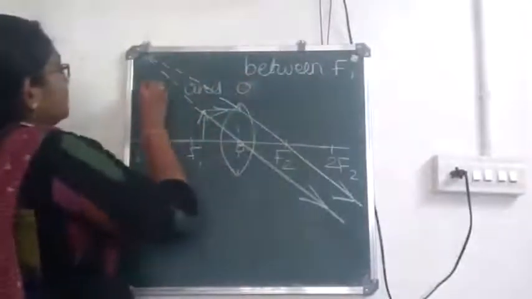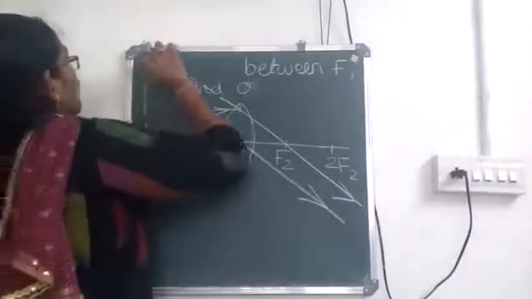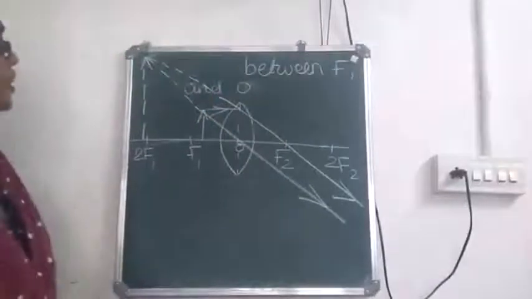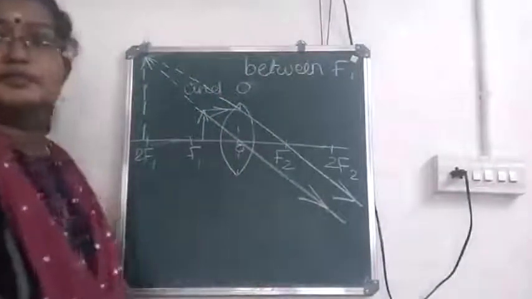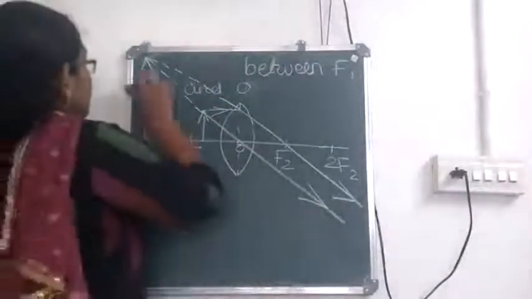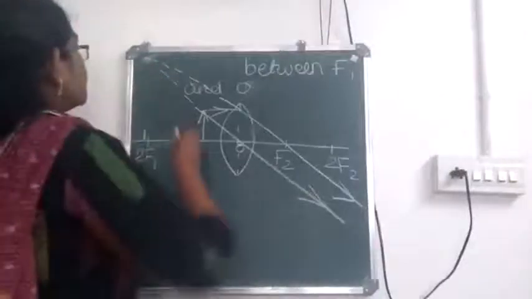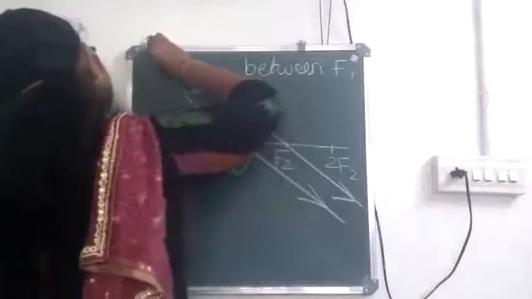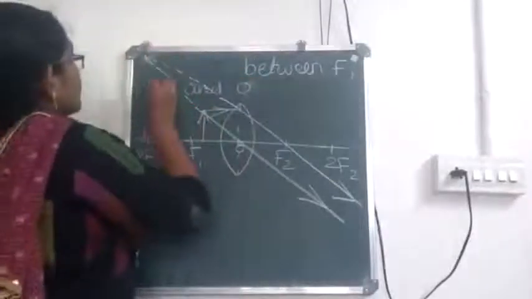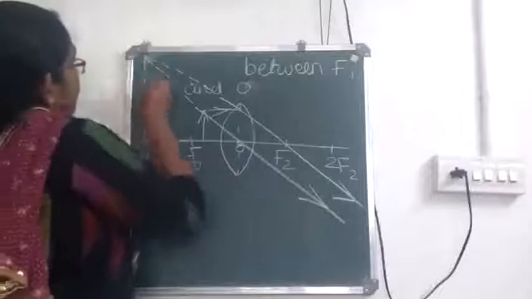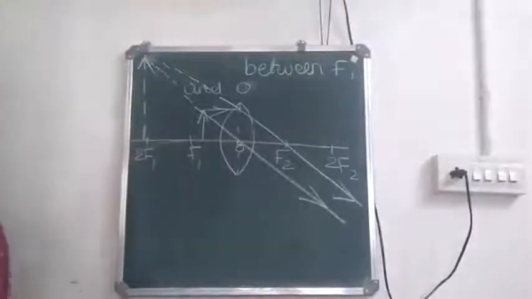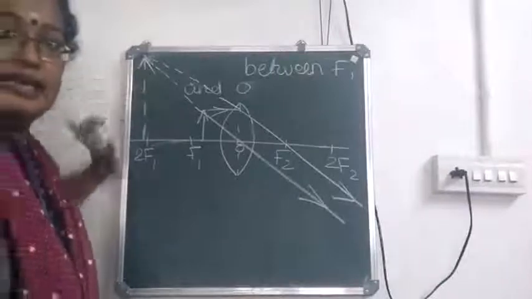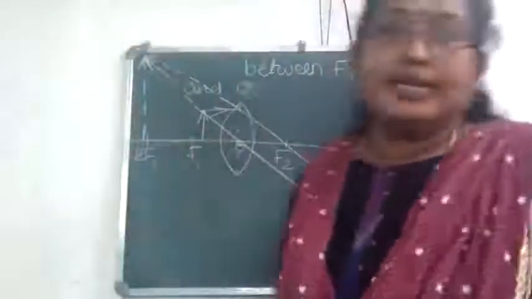So here the rays. Since I wrapped it, there was a slight change. Here, since we are extending the light rays in the backward direction, it will be a virtual image.